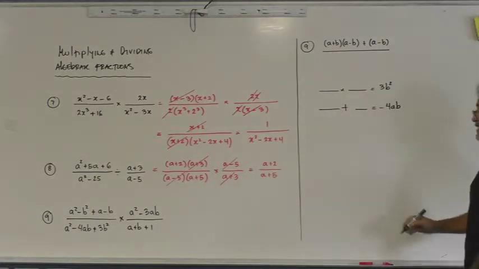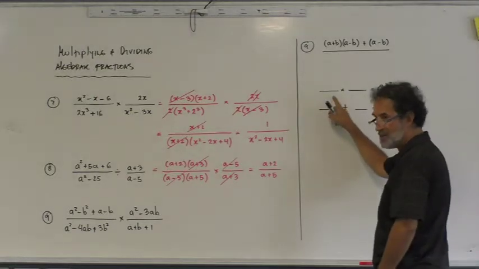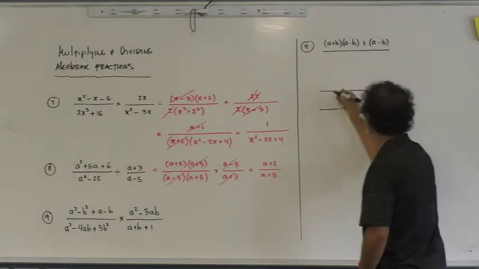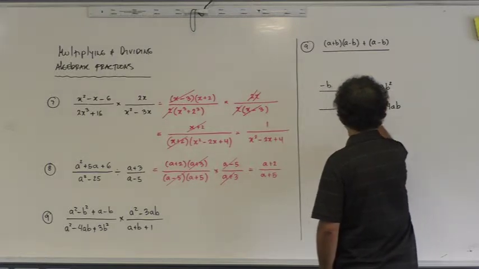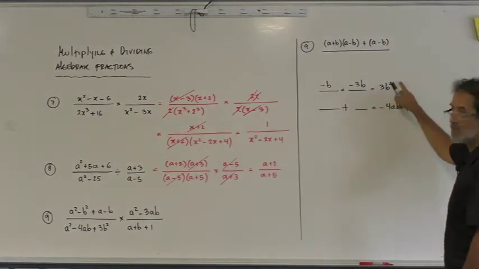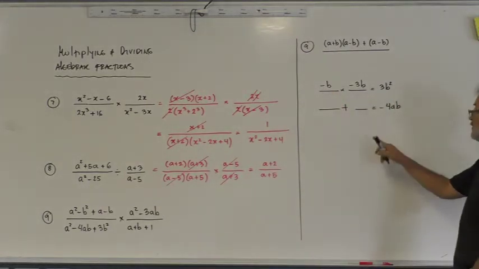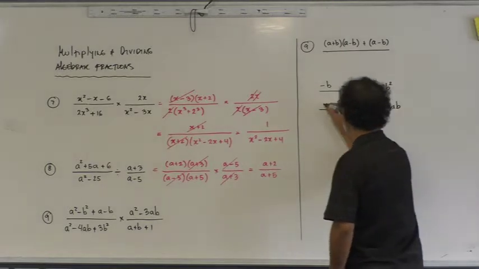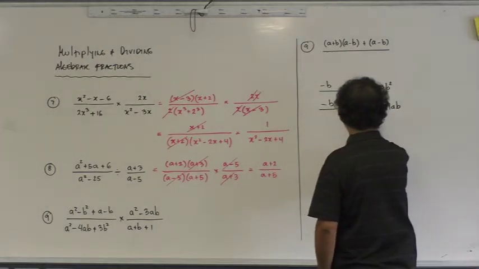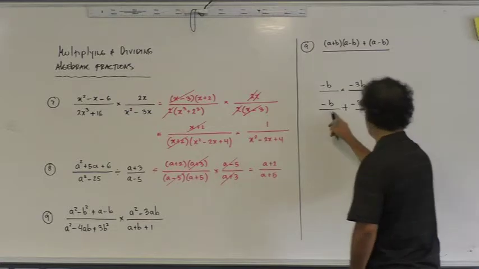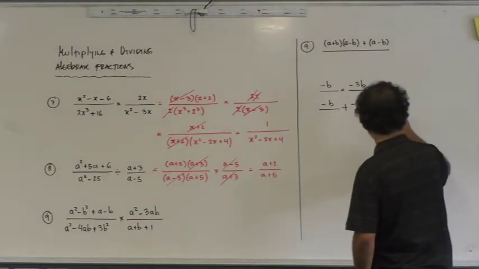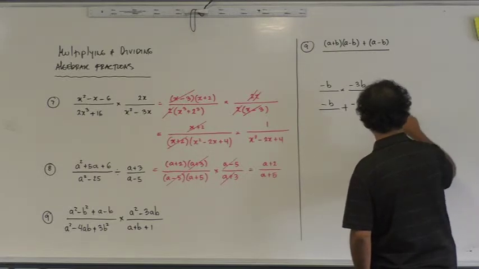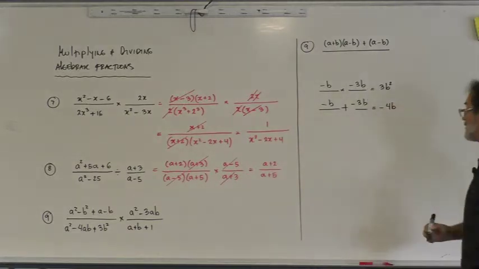So it's going to be negative 1b and negative 3b. When you multiply these, the answer is 3b squared. And here it's the same thing, negative b and then negative 3b. Now it works.